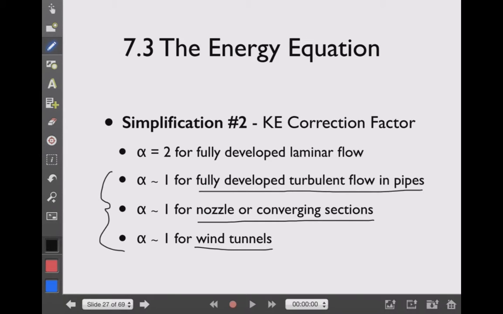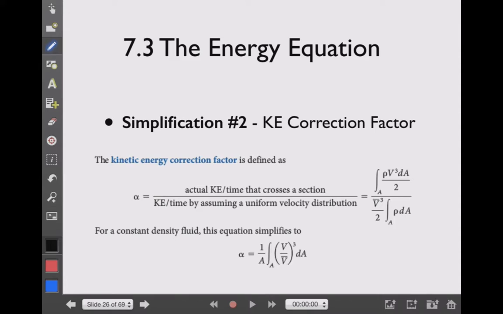Now, if we get to a more complicated situation, we'll talk about the difference between turbulent and laminar flow later on, but for a fully developed laminar flow, we may need to use alpha equal to 2. And if we have a special situation, we can always calculate alpha if we know the actual velocity profile.